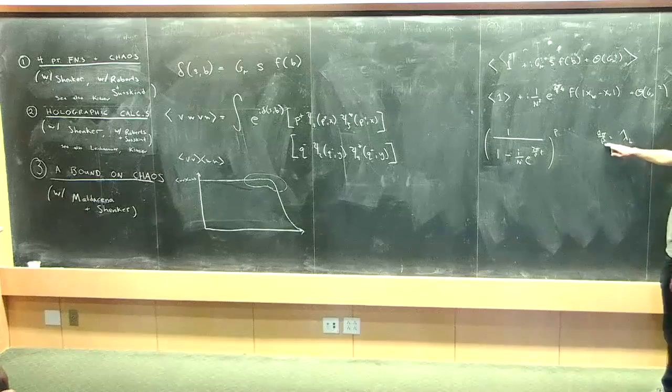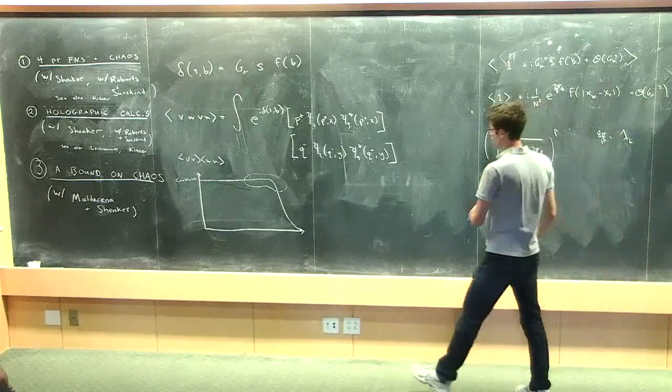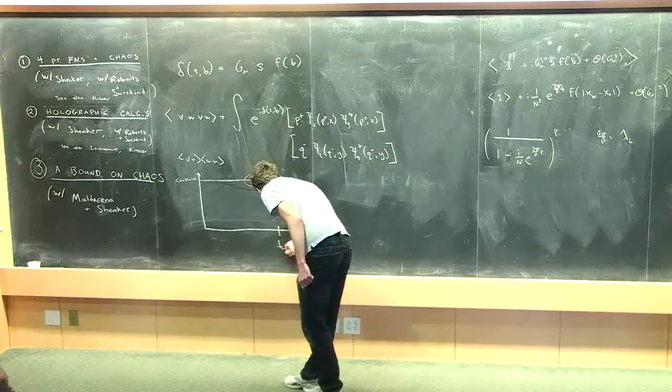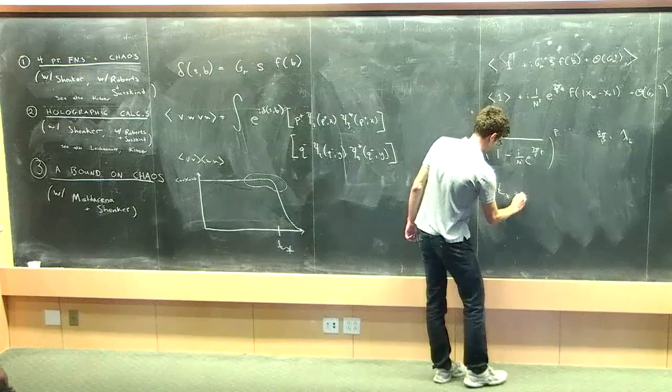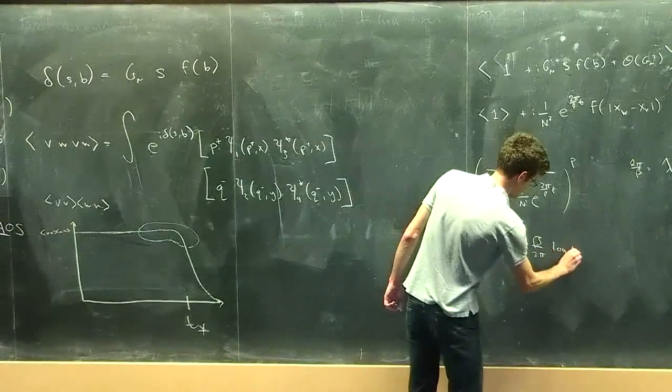Okay, so we define this Lyapunov exponent as 2 pi over beta. The time until this correlation function starts to deviate significantly from 1, which I'll denote t star, would be beta over 2 pi times log of n squared.